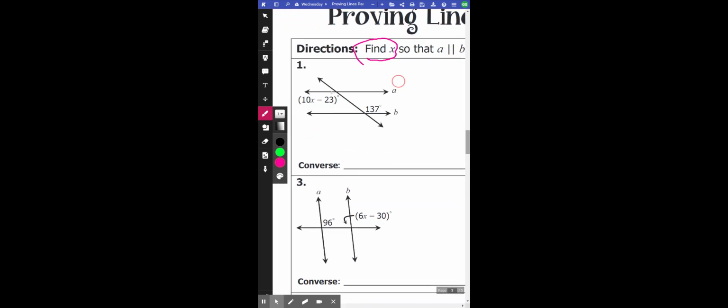But the bread and butter of this is the algebra. Okay, none of these are stated as being parallel. What we have to do is we have to assume, okay, we have to prove them parallel. And if you ask me, this is exactly how the homework for Monday's assignment was. First thing you got to do is classify them or find the converse. So if I look at number one, what are these two angles?